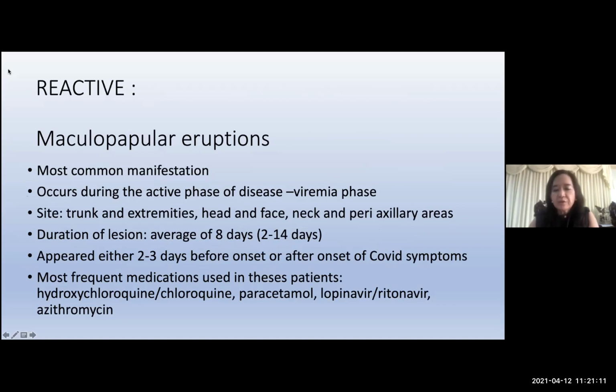The maculopapular eruptions are the most common manifestations. It occurs during the active phase of the disease, or the viremic phase. The sites include the trunk and extremities, head and face, neck, and periaxillary areas. The average duration of the lesion is 8 days, and it may appear either 2 to 3 days before the onset or after the onset of COVID symptoms.